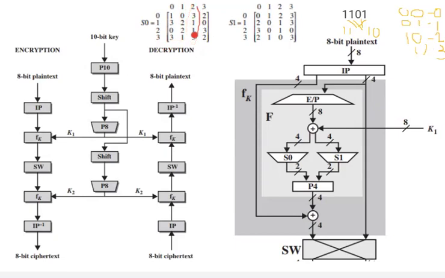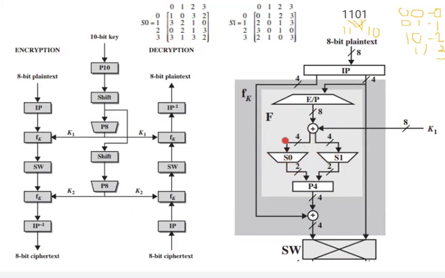The value you will be getting is 3, and the binary of 3 you have to replace over here with the 2 bits. So what replacement will be there for 1101? It will be 11. So looking at the substitution box symbol, you will get to know that this is a shrinking operation.